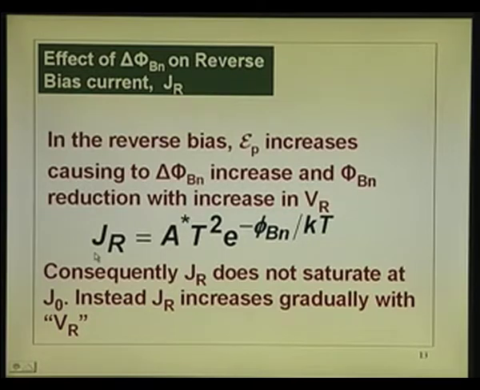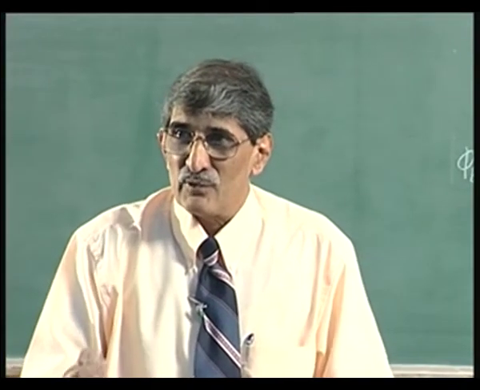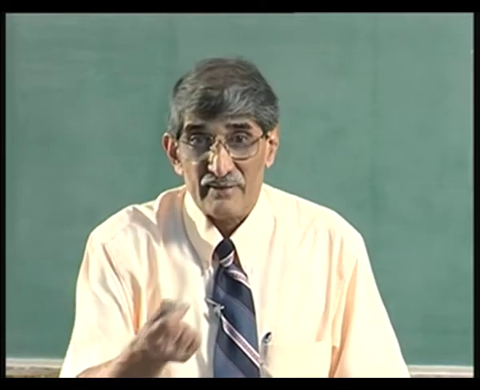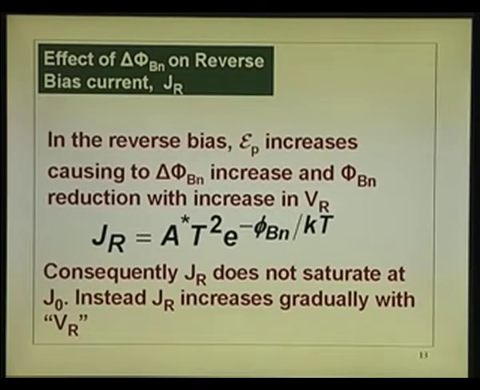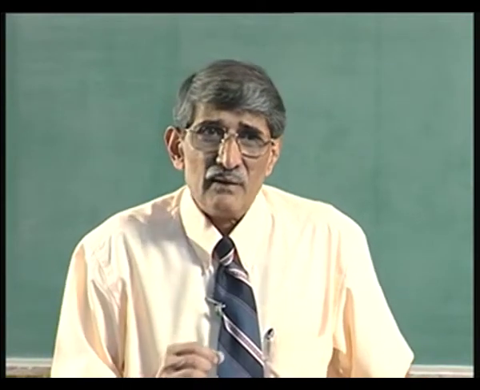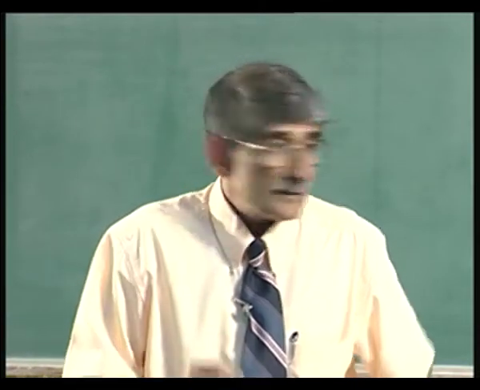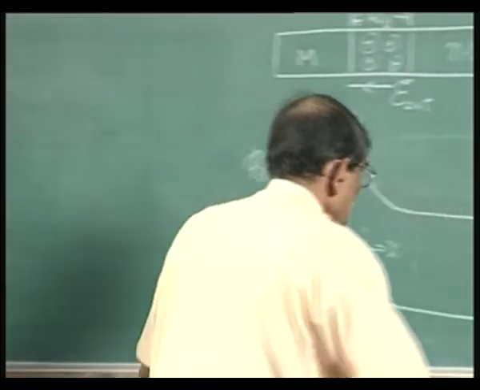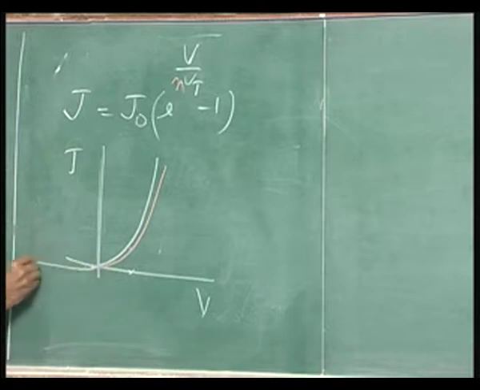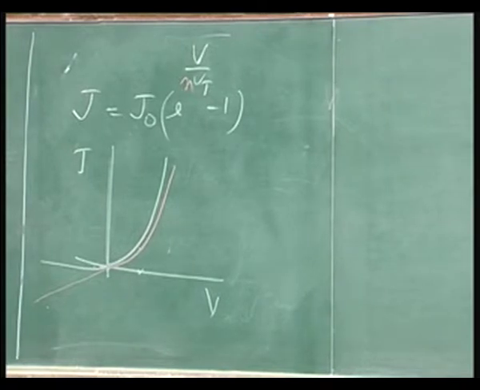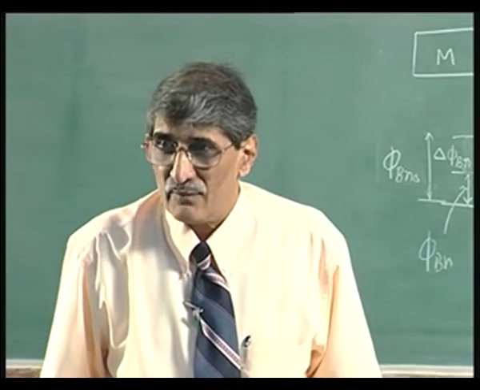This will be much more dominant in this case, because a 25 millivolt change in phi_bn is quite possible, since peak fields increase quite a bit, and the reverse current can double. That is why the reverse saturation current does not saturate but keeps on increasing. So, both the IV characteristics in the forward and reverse directions, instead of being like this, keep on increasing, not due to generation-recombination, but due to the image force lowering of the barrier.